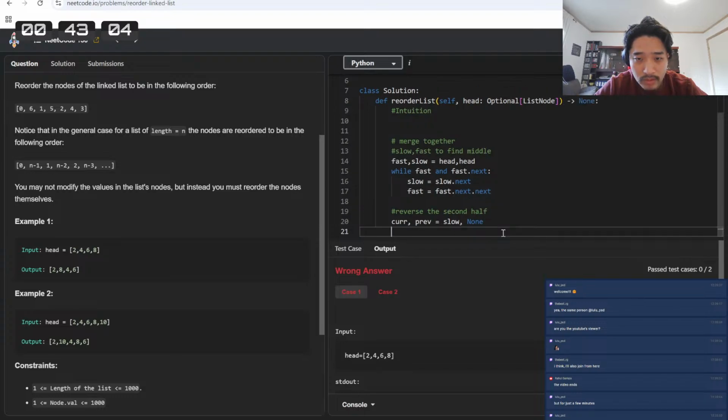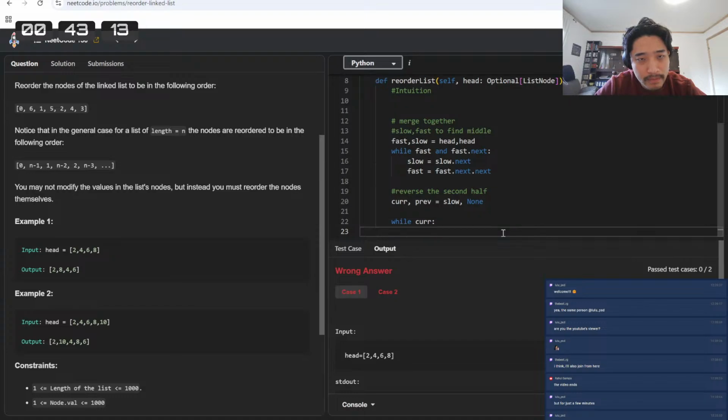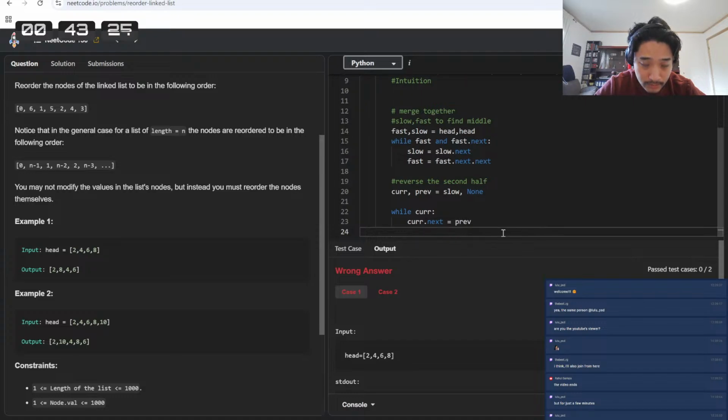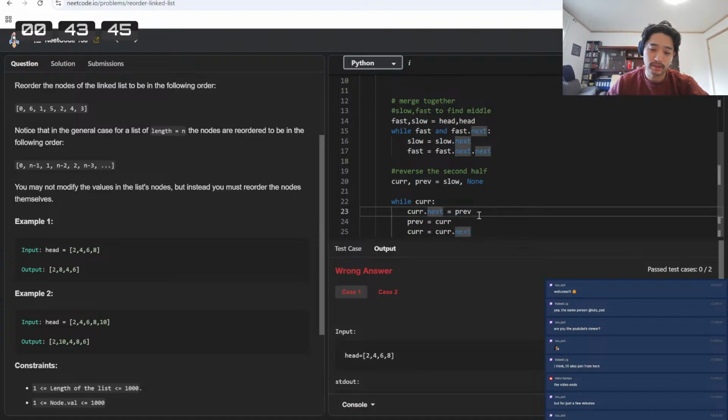So while cur, cur.next equals prev, prev equals cur, and cur equals cur.next. Isn't this how? Okay, let's just do it combined.